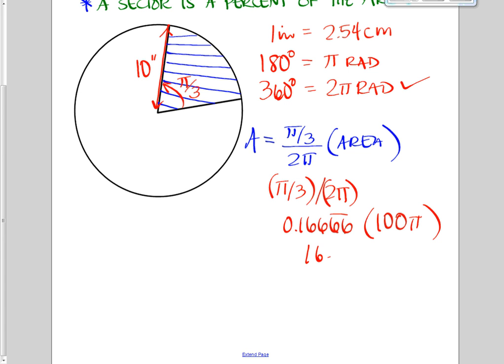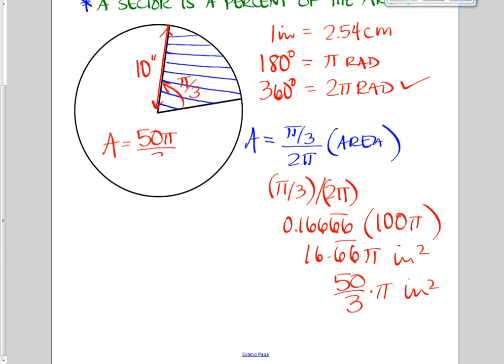So this will be 16.66 repeating times pi, inches squared. And then for Khan Academy, we're going to want that as a fraction. So we would write 50 over 3 times pi inches squared. If I came back over here to write my answer, what I would type in is 50 pi over 3 inches squared.